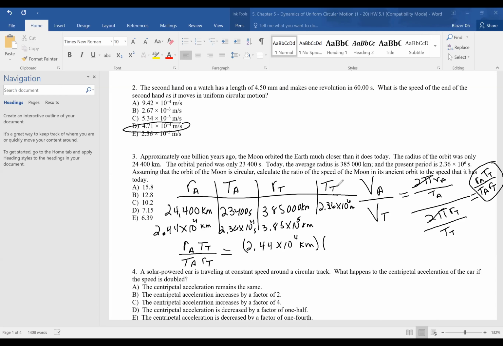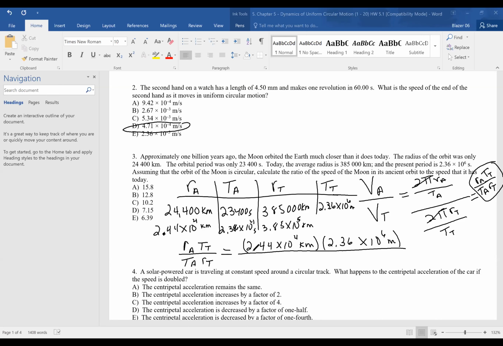T here, 2.36 times 10 to the 6th meters. T A, oh, this is supposed to be a 4 right here.